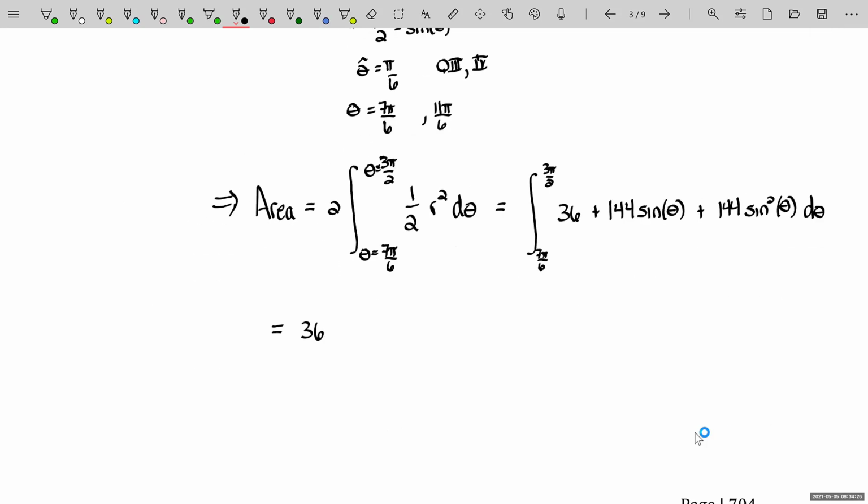This will be 36 theta evaluated from 7 pi over 6 to 3 pi over 2, plus 144 times the antiderivative of the sine, which is actually a negative cosine, and plus 144.